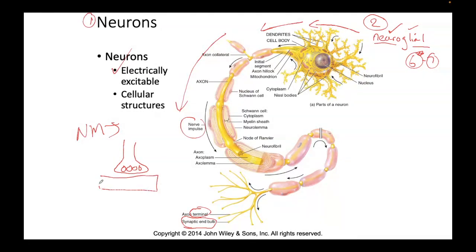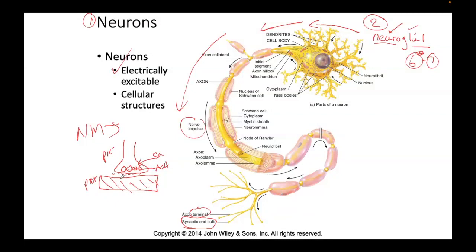Calcium rushes in and tells the acetylcholine to be released into the synaptic cleft. So now you have acetylcholine floating in the synaptic cleft, which is between this and this. This side is presynaptic, and this side is postsynaptic. Before the cleft is presynaptic, after it is postsynaptic.